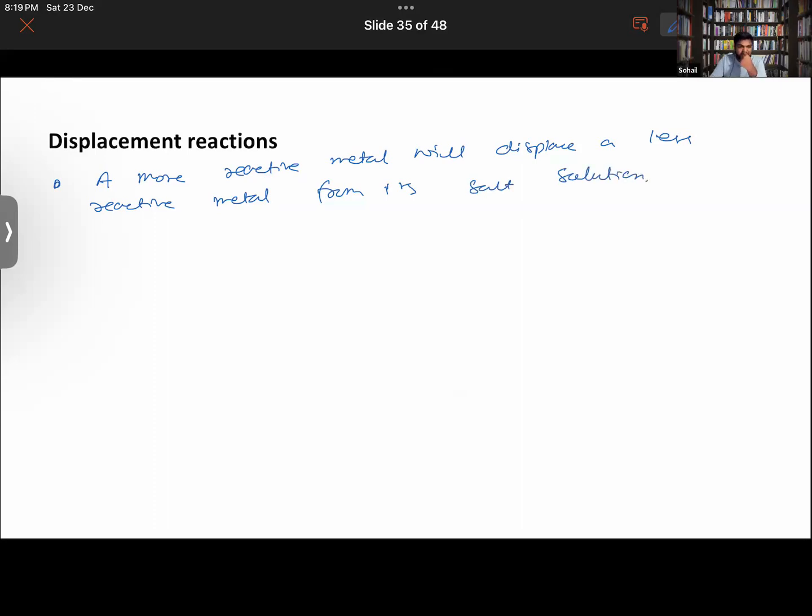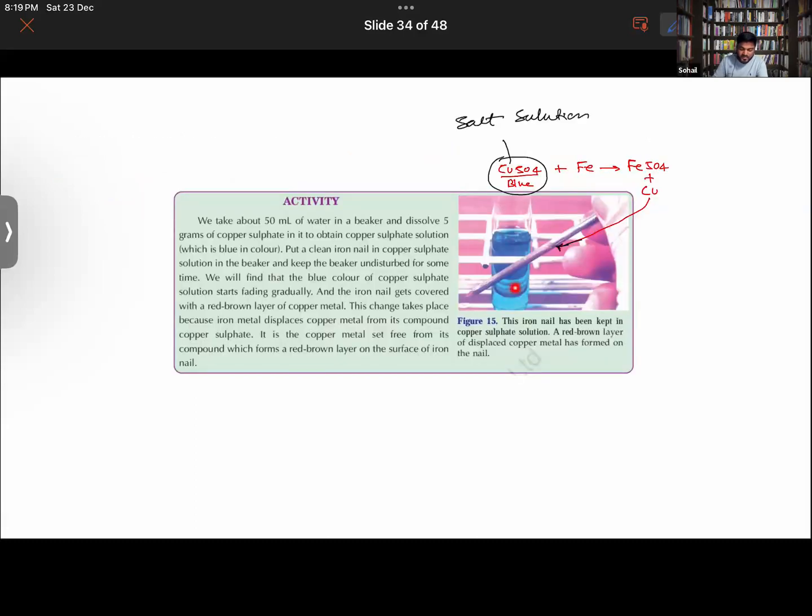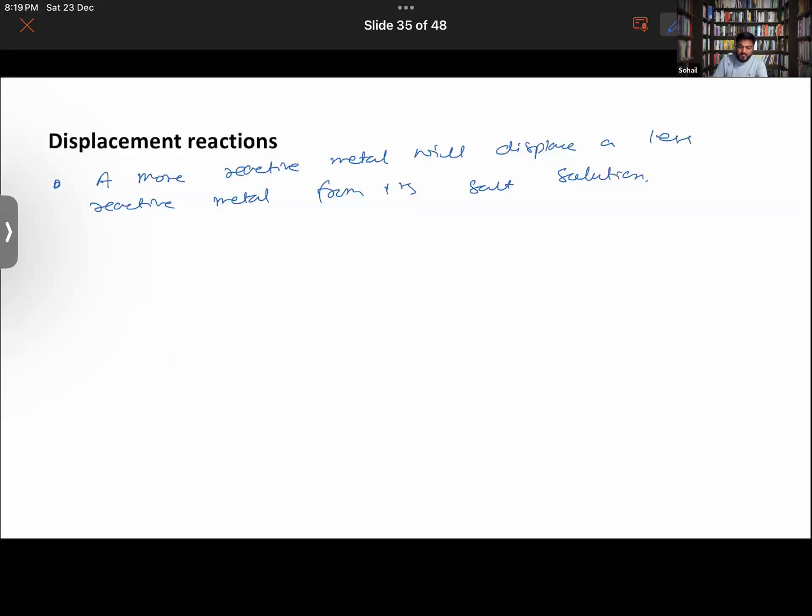So this basically means that when a more reactive metal is placed in the salt solution, the more reactive metal will be displacing, basically pushing out, the lesser reactive metal from the salt solution, as is happening here. Yes, sir. Iron is pushing the copper from the salt solution. Iron is basically pushing it out, and hence it deposits over the iron.